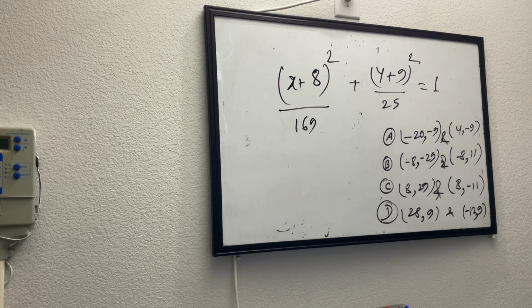So whatever minus 8 and minus 9 you got, that is the coordinates of the origin, not the foci. So the origin is here, and from there you have to figure out which way you are going to change your coordinates.